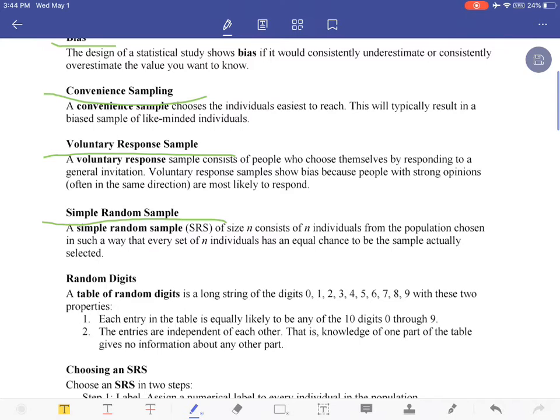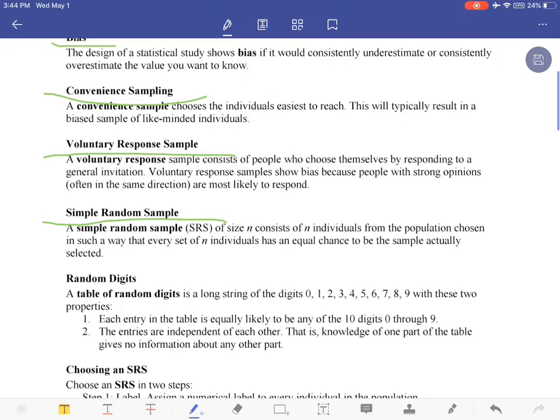that many numbers randomly. So if I want to do a sample of 50 students at Cane Ridge, I give everybody at Cane Ridge a number 1 through 1800, 1900, however many students we have, and then I use a random number generator or pick numbers out of a hat to select 50 numbers, and I use those corresponding names for the students I include in my sample.